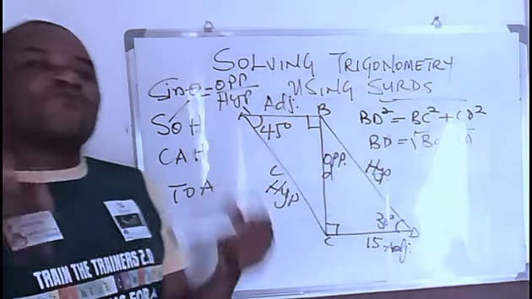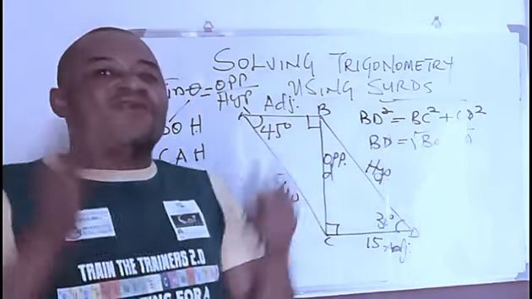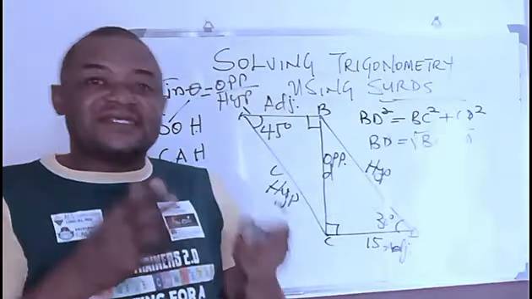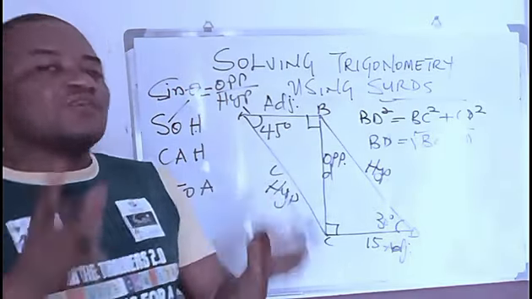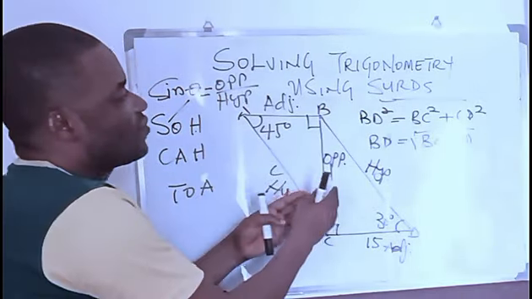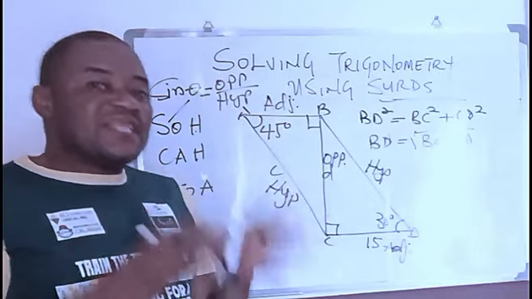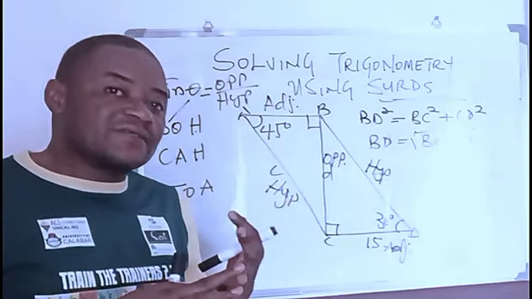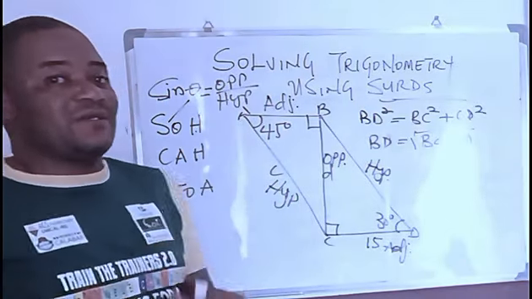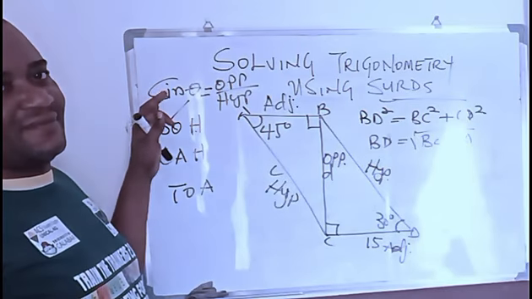So where you have to use sine of an angle, you must consider the sides opposite and hypotenuse. Once a triangle gives you opposite and hypotenuse, it means that the angle can be solved using sine.